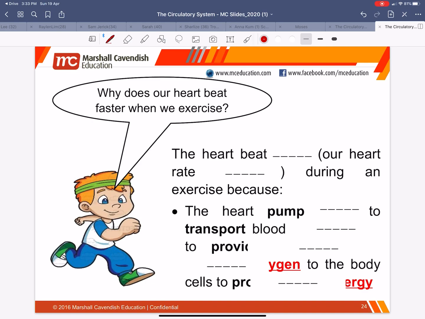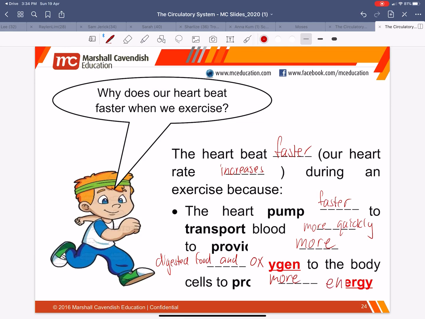So the heartbeat faster, which means that your heartbeat rate increases during exercise because the heart pumps faster, not more but faster, to transport blood more quickly, to provide more digested food and oxygen to the body to produce more energy.